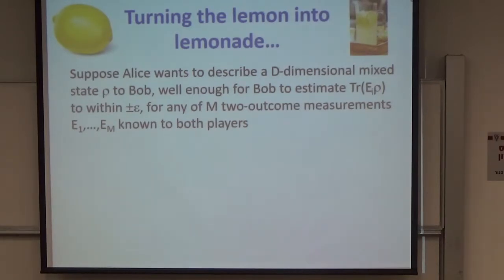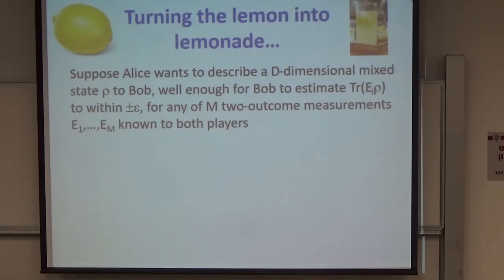Well, let's imagine that Alice is the advisor and Bob is the student. Let's say Alice wants to describe a d-dimensional mixed state ρ to Bob, well enough for Bob to not necessarily recover ρ as a matrix, but just to estimate Tr(E_i ρ) to within an additive error epsilon for any of M two-outcome measurements, E_1 up to E_M, which are known to both players.